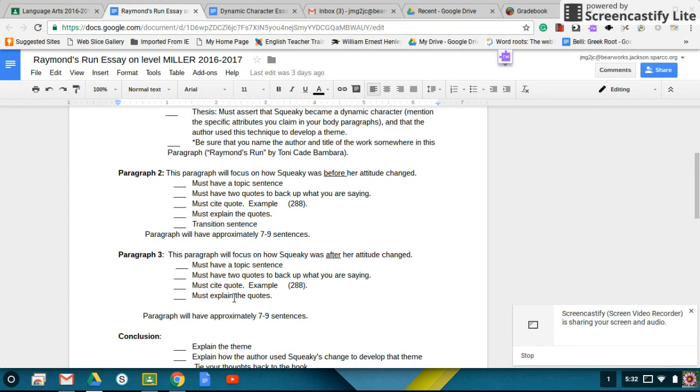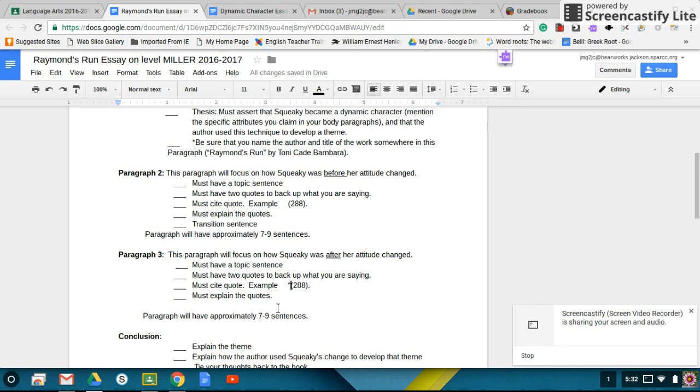So you have your topic sentence. You have to have your 2 quotes to back up what you're saying. You have to cite your quote properly, including putting your page number. And don't forget, it goes end quote, page number in parentheses, then the period. You have to make sure you're following that format, and then you're explaining the quotes. Remember, you picked up your better explanations from that evidence elaboration chart.